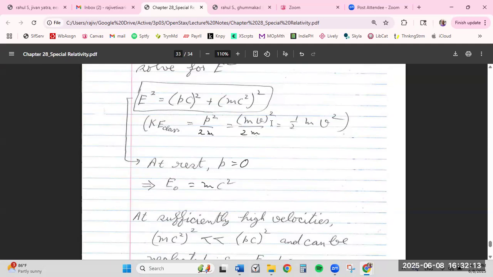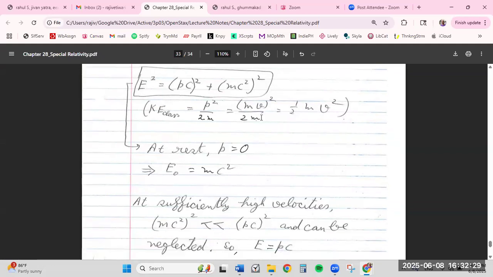Since momentum is mv, you square it, divide by 2m, and you get 1/2 mv squared. So kinetic energy is p squared over 2m in the classical equation, which tells us how kinetic energy and momentum are related. And in relativistic physics, energy and momentum are related by this equation.